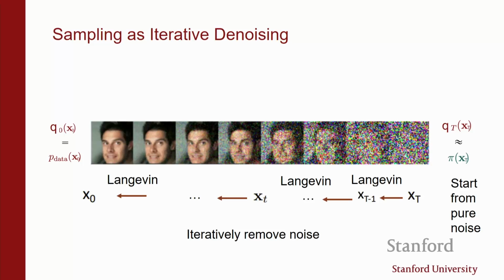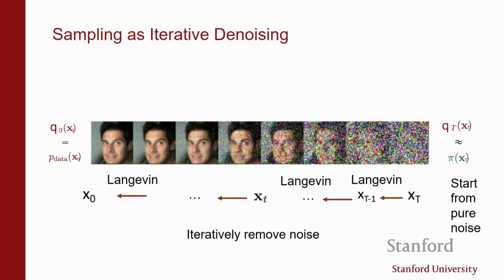Because we were estimating the scores of these noise-perturbed data distributions that were indeed obtained just by taking data and adding noise to it, right? That was the whole idea of the noise conditional score network, right? And so this is essentially at an intuitive level what's going on. We're iteratively reducing the amount of noise that we have in the sample.